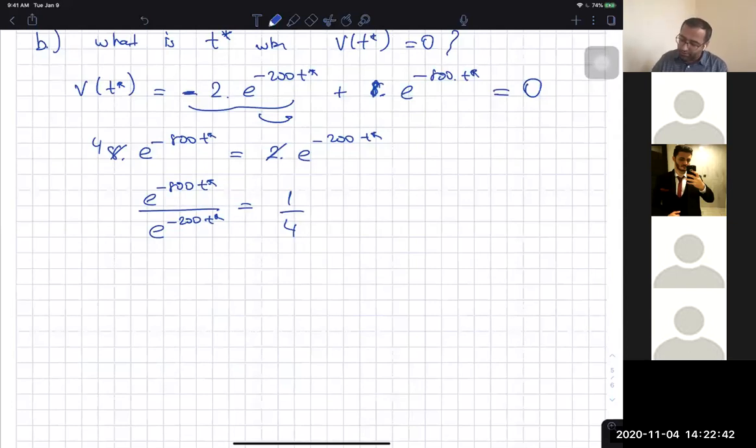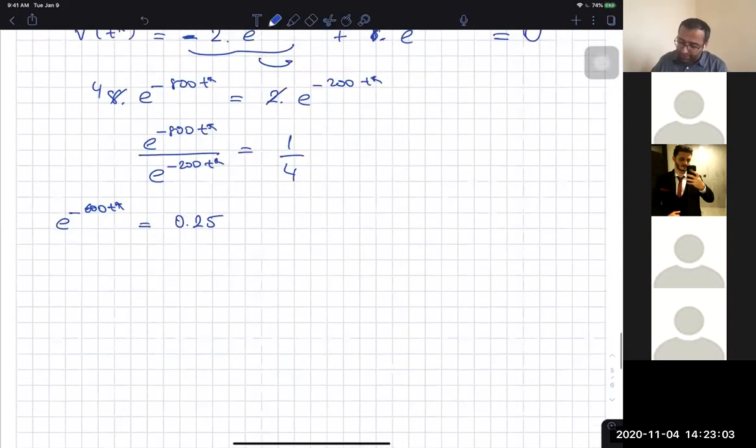Okay. So then this division will be just a subtraction of the power. So that will be e to the minus 600 t star, which is equal to 0.25, right? So that is just how we go. And then to calculate t star, I need to calculate ln of these numbers, right?